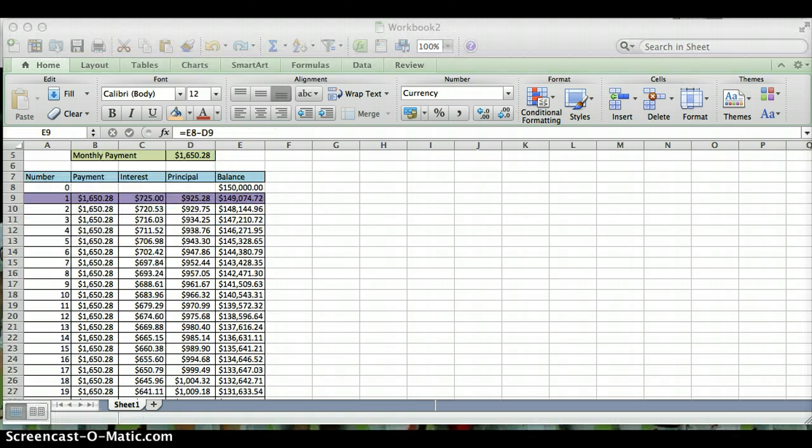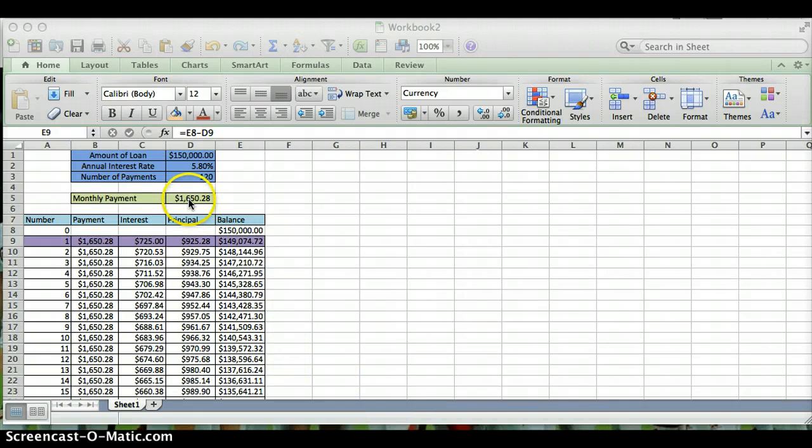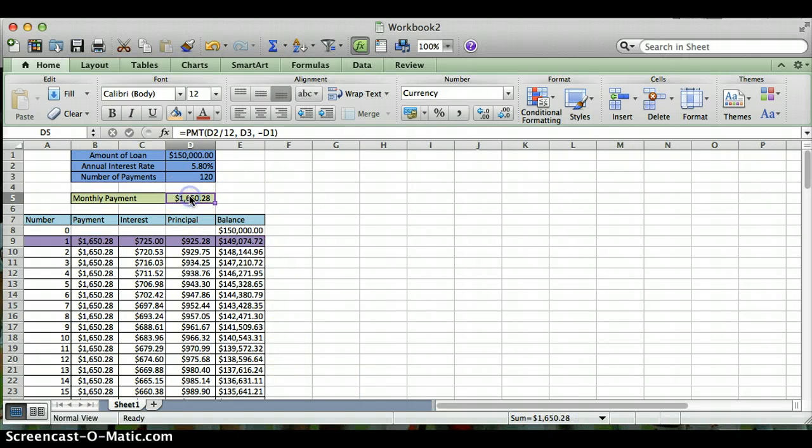And then, okay, once we have our monthly payment cell filled in with our PMT formula, we figure out that our monthly payment has to be $1,650.28 each month.